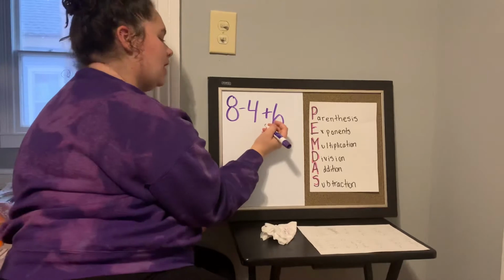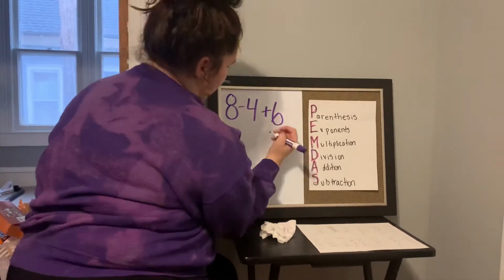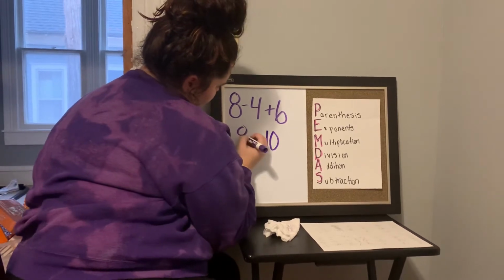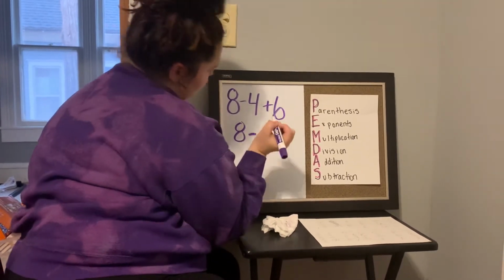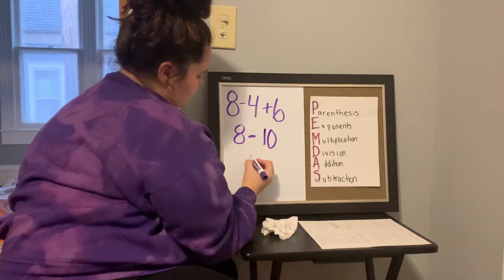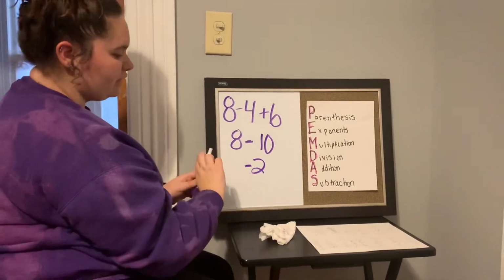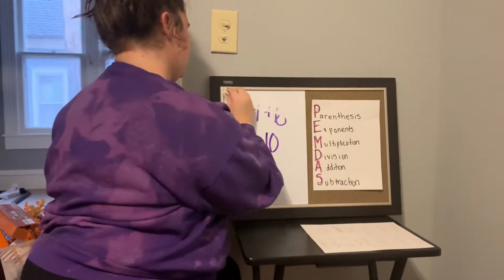So we have 4 plus 6, which is 10. So we have 8 minus 10, which is negative 2. So there's your answer for the first one on the worksheet.